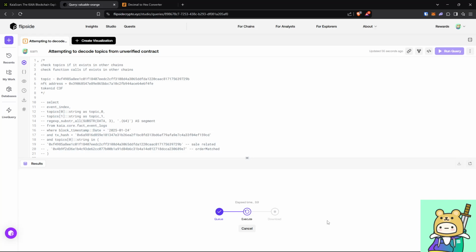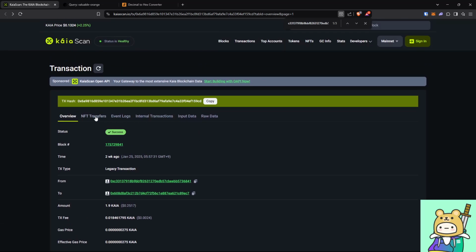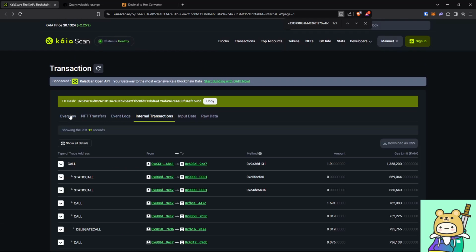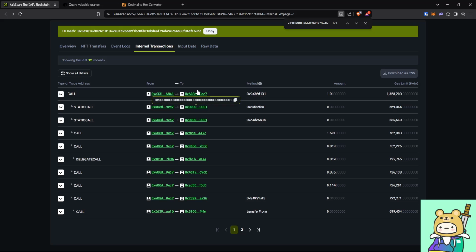So that's topics running. Function calls. What is a function call? I'm looking at the internal transactions or traces, and this is the exact one that I want to see, where it says this is the person who initiated the transaction.